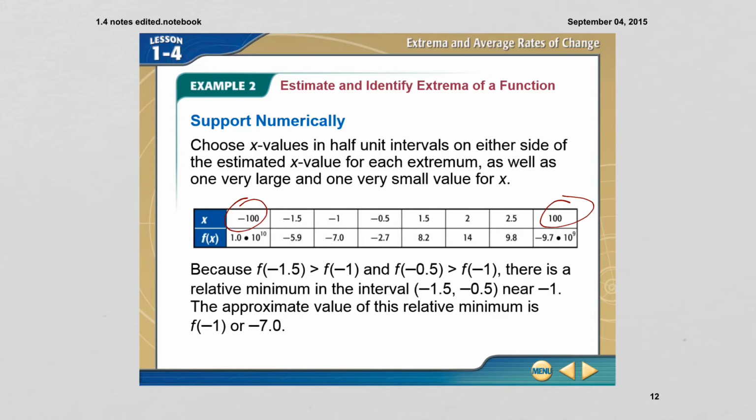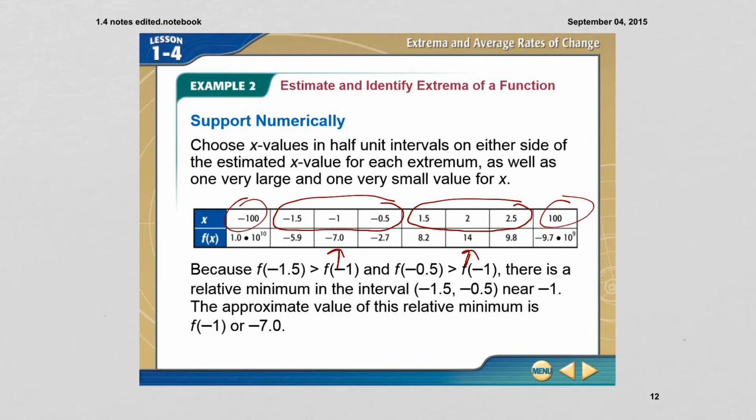Well, at around -1, that's -1.5, -1, and -0.5. We see it going down to -7, and after that it goes back up. So we do see that at -1 it looks like it is a minimum. And we do the same thing on the other side. We have our little interval from 1.5 to 2.5, and we see we're going up to where 2 looks like the maximum.